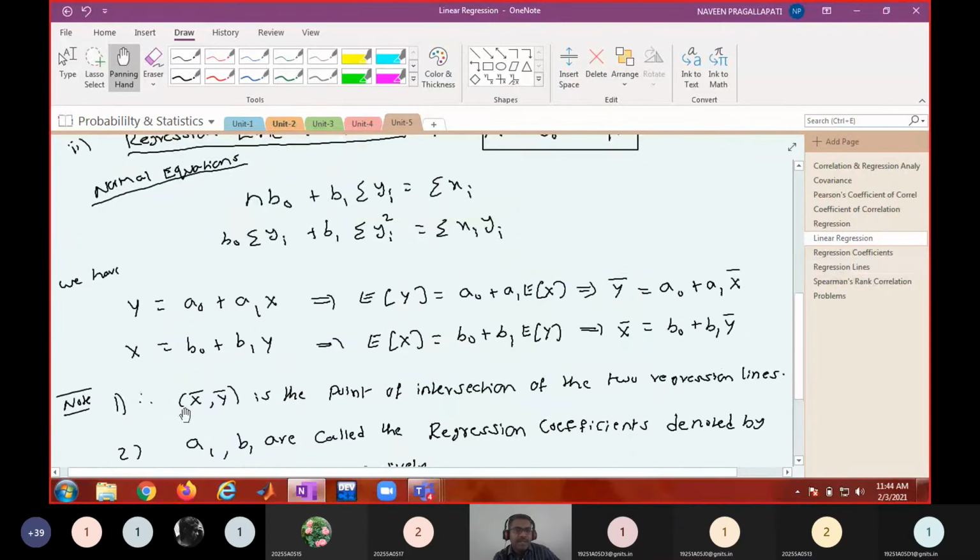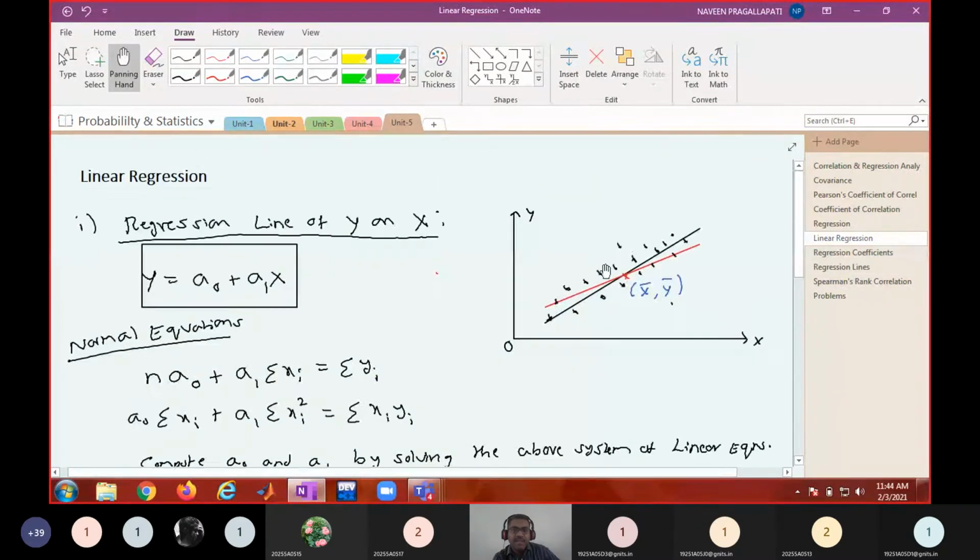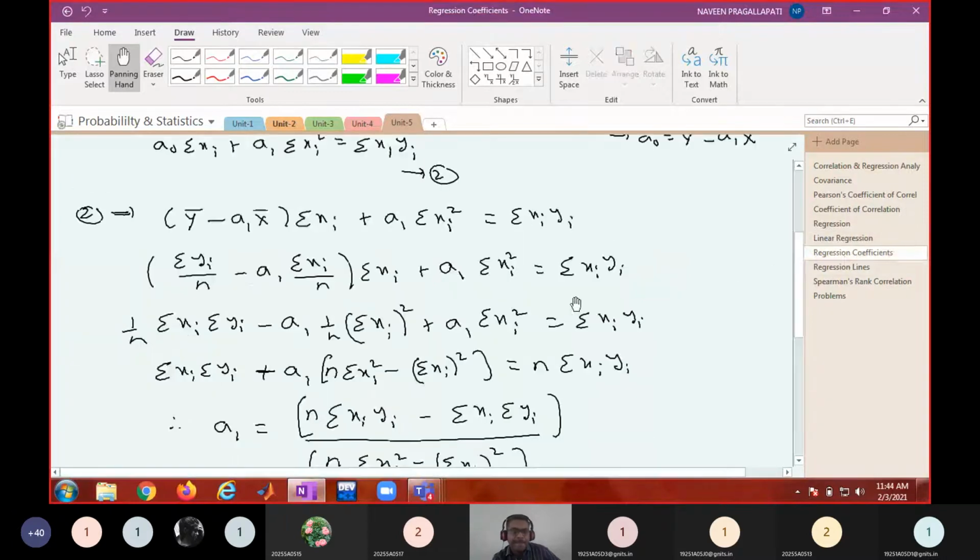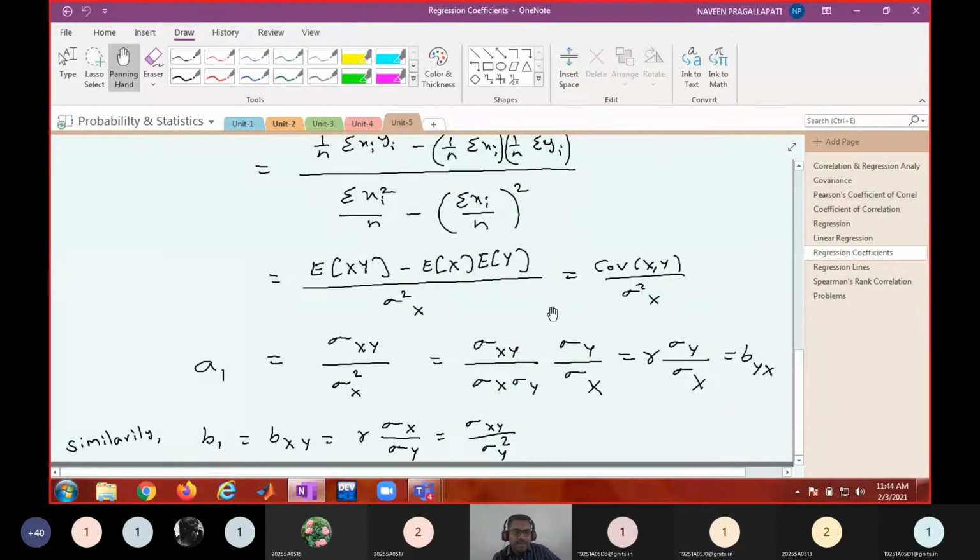And we observed that x bar comma y bar is the point of intersection. The two regression lines always pass through the means of x and y, and we derived regression coefficient formulas.